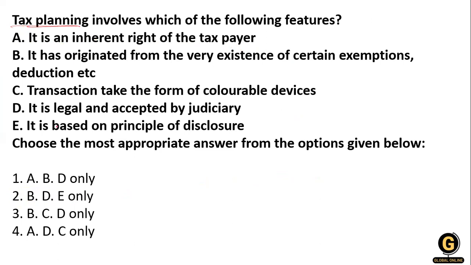Statement B: it has originated from the very existence of certain exemptions and deductions. Statement C: transactions taken from a colorable device. And D: it is a legal and acceptable jurisdiction, and it is based on the principle of disclosure. So what is tax planning? We have discussed it in the previous slides.